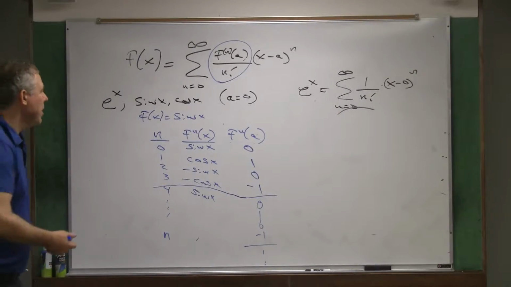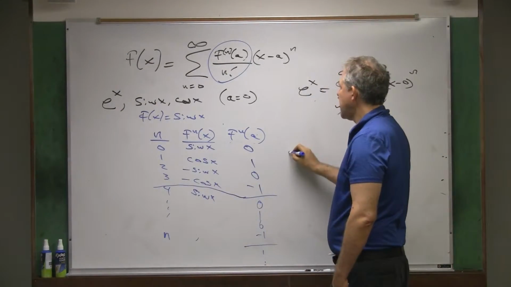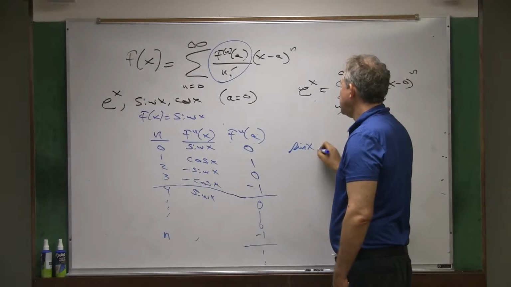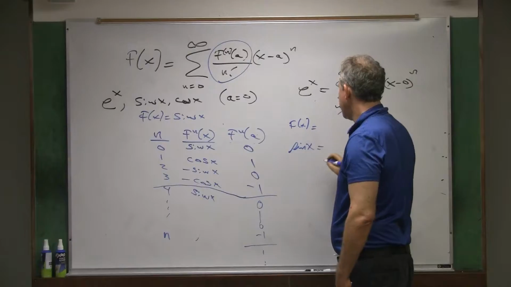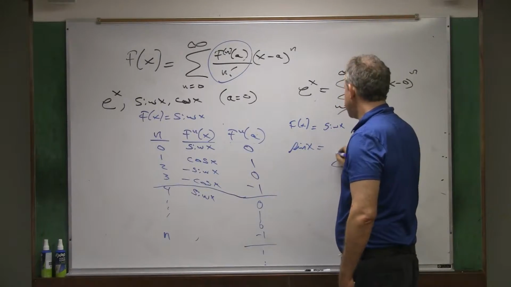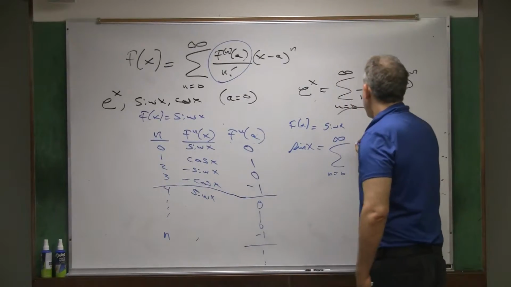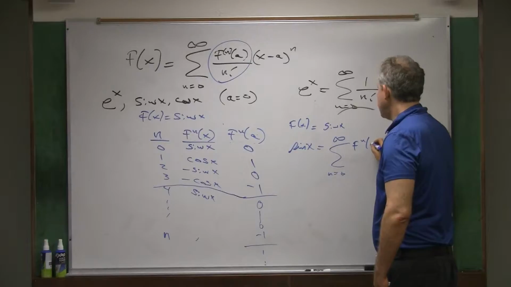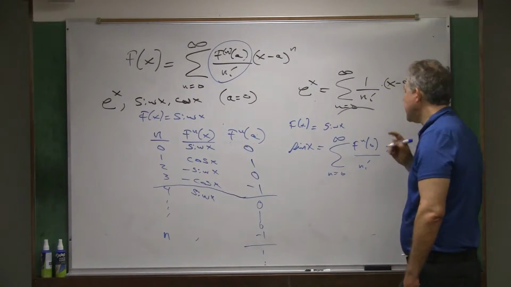Okay, so here's what we can do. When f of x is sine x, we can say that sine x is a sum from n equals 0 to infinity of the nth derivatives at 0 over n factorial x to the n.